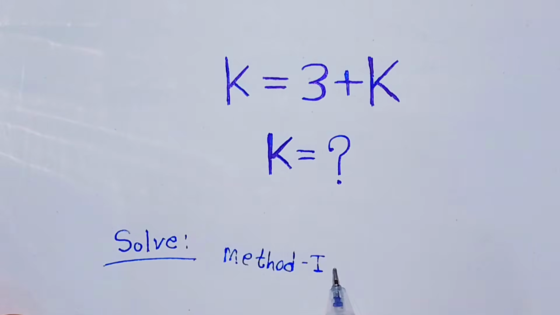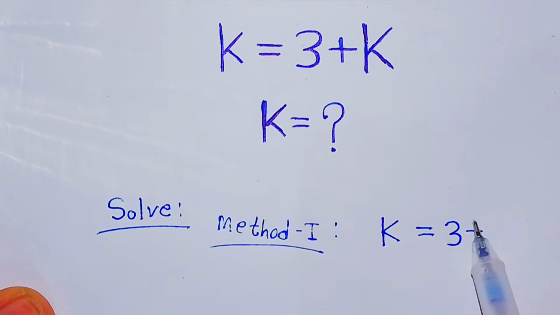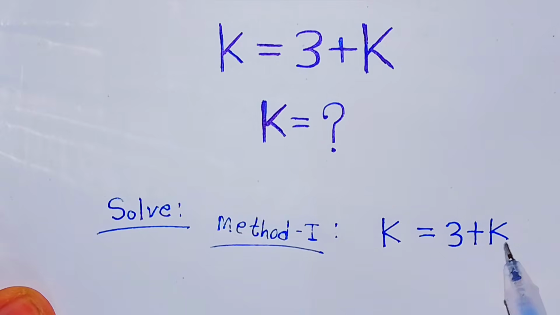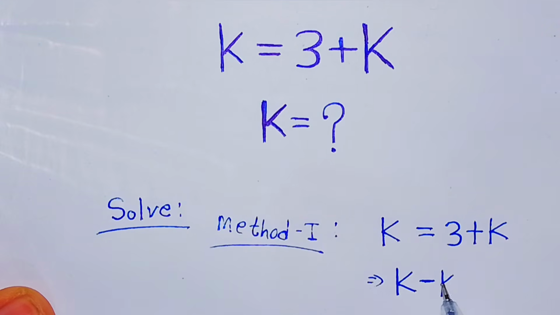So method number 1 is k equal 3 plus k. Here we just replace this k in the left side, then it will be k minus k is equal 3.